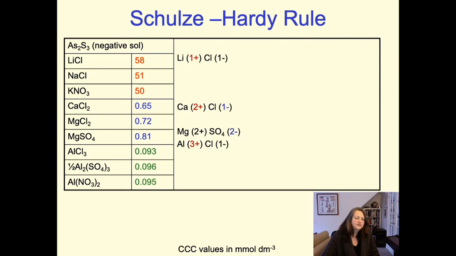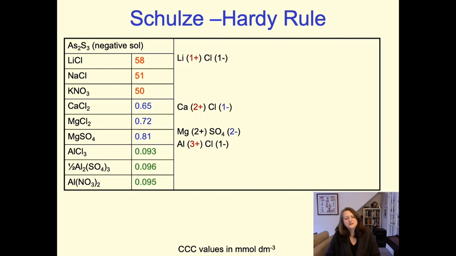If we move to these electrolytes here, calcium and magnesium, the calcium is 2+, the magnesium is 2+, but you can see examples with different charges of the negative ion. The fact that the positive ion is 2+ in all of them means that they are all very similar.